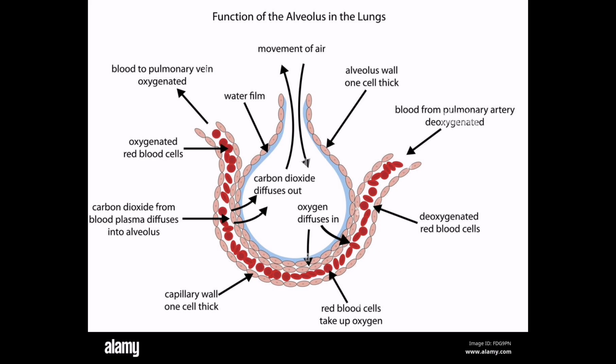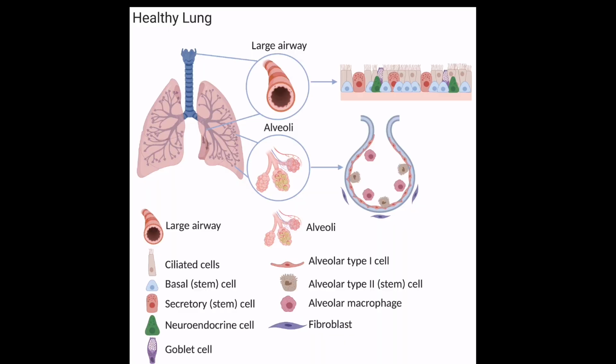Let's go deeper and talk about cells. Cells are the basic unit of life, which means they are the smallest structures capable of performing life functions. For example, lung cells are specialized for their job of gas exchange.